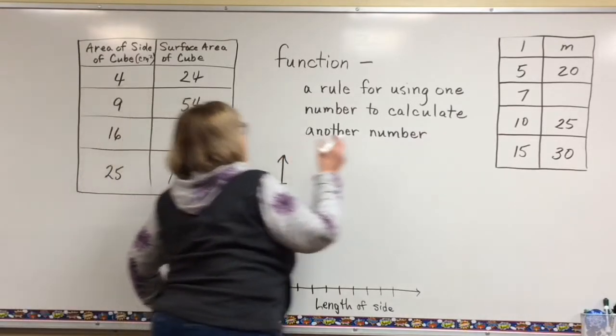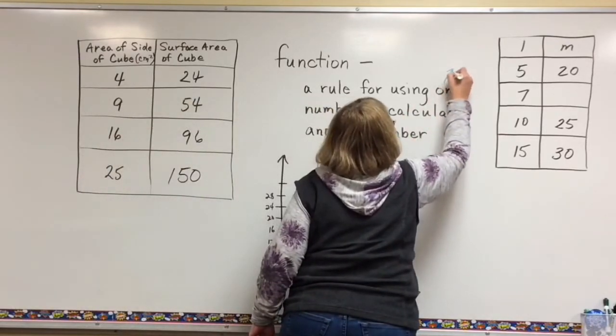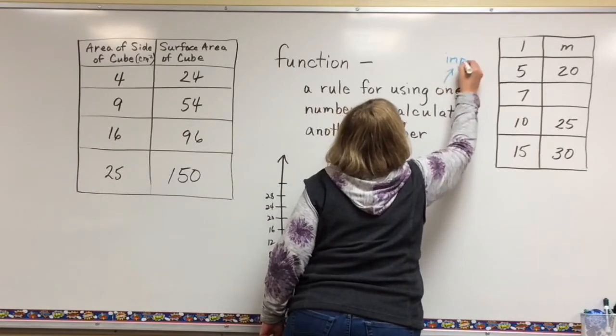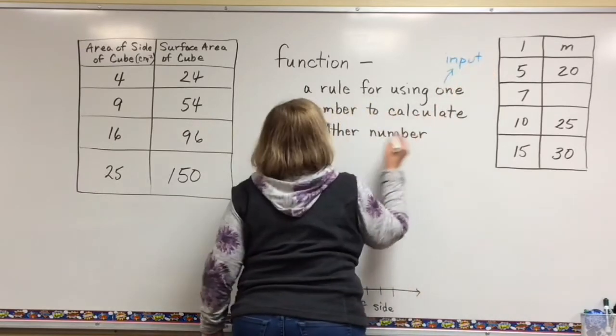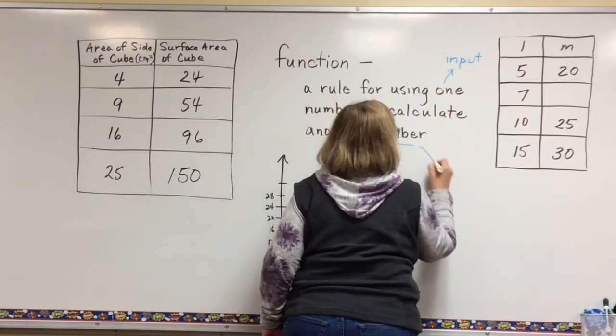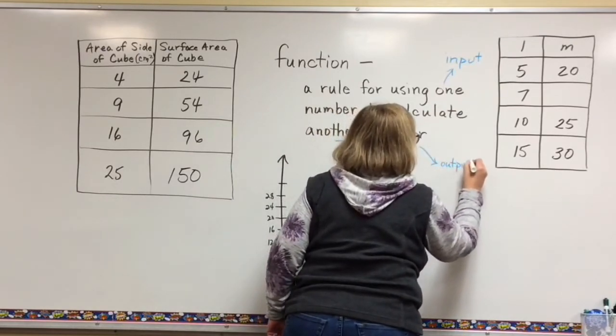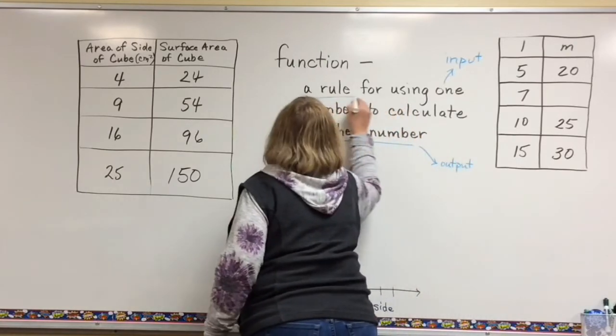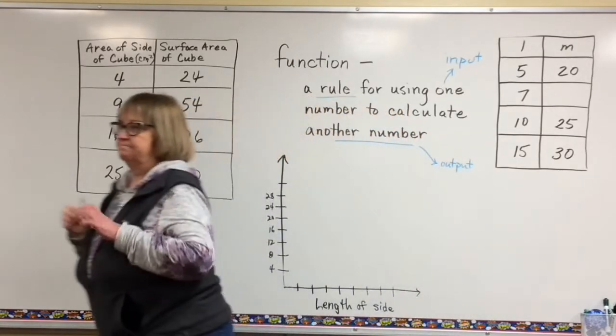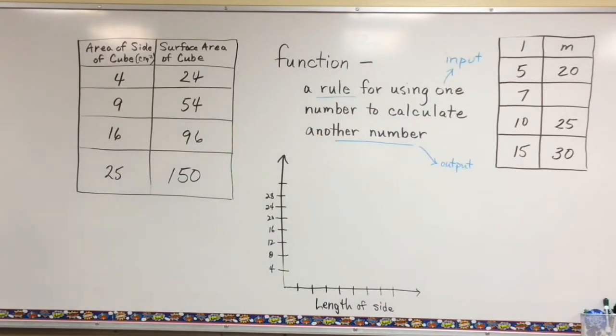So one number is the input. The second number is the output. Okay, and all together, that rule is a function. You'll deal a lot with functions when you get to calculus.